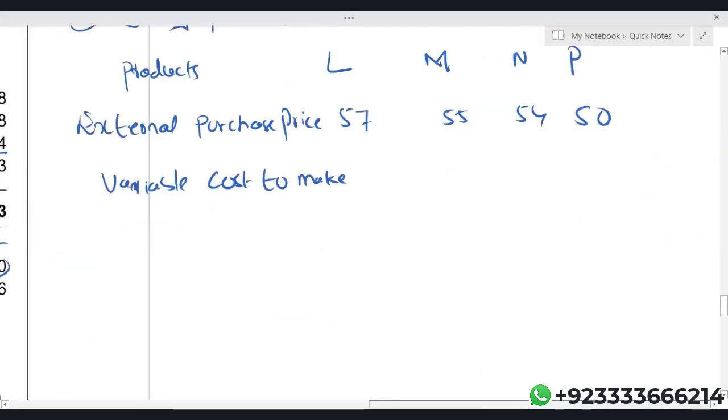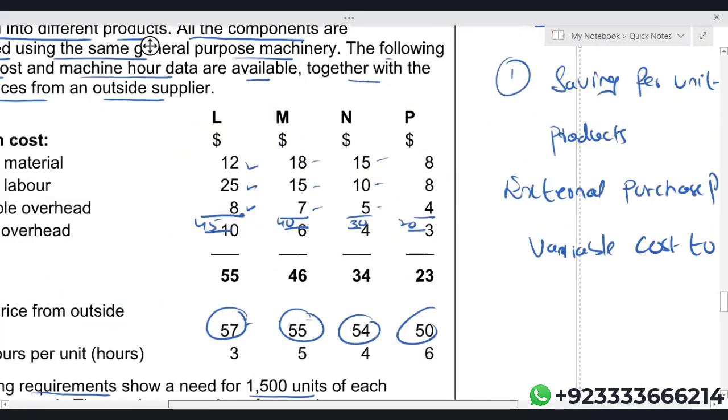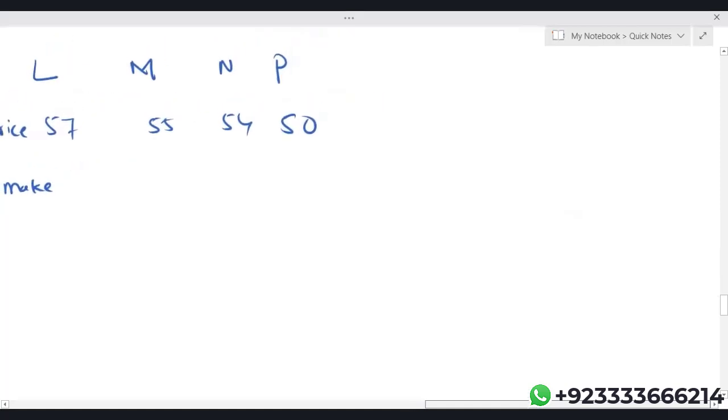So here comes the variable cost to make: 45, 40, 30, 20.